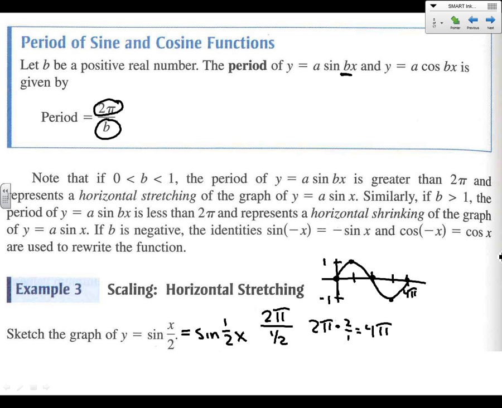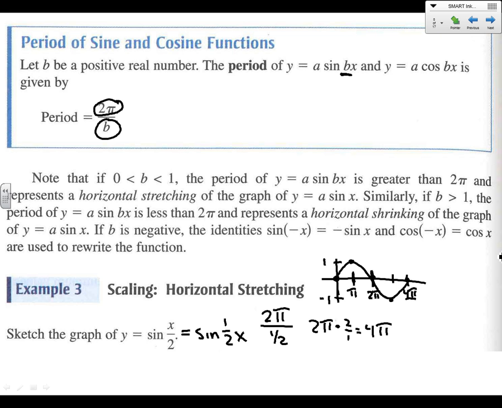So the only thing left to do, we really want to label all our tick marks, especially when our period has changed and is not 2 pi. So we need to figure this out. I think the easiest way to do it is start at your end point and cut it in half. That's going to be your middle point. So we'll be here at 2 pi. Cut it in half again. We have our first tick mark.